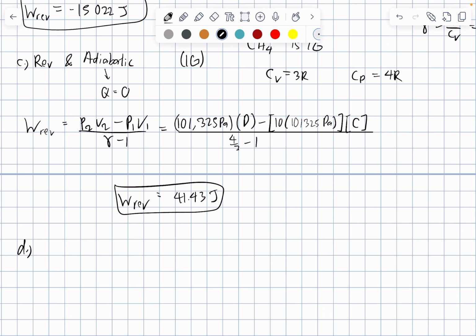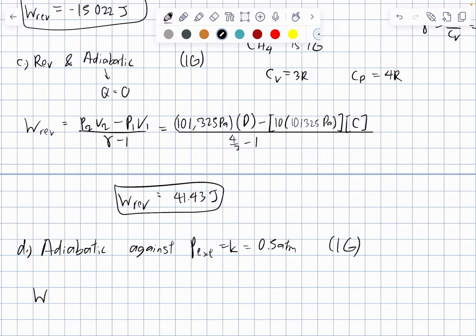Dang it. Anyways. For the fourth condition, adiabatic against a constant external pressure. P external equal to constant equal to 0.5 atmosphere, assuming that the gas is ideal.